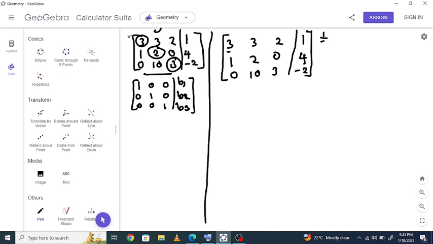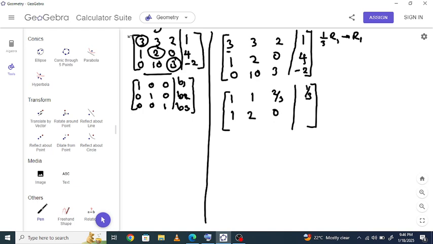So we are going to have a third of R1, and that operation remains on row 1. In our next line we will have 1 1 2 over 3 1 over 3. The rest remain unchanged: 1 2 0 4, 0 10 3 -2.